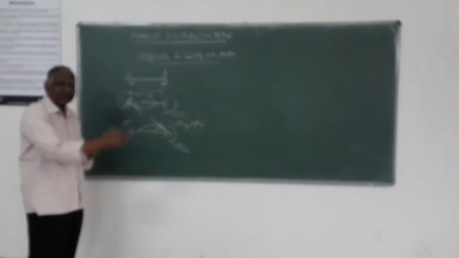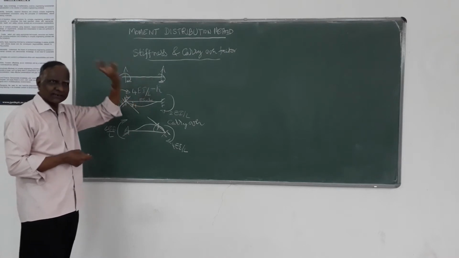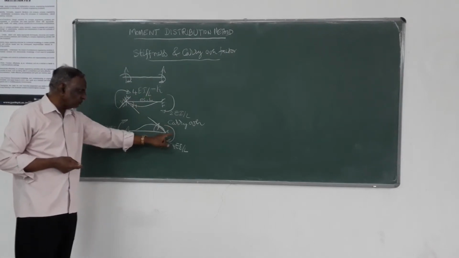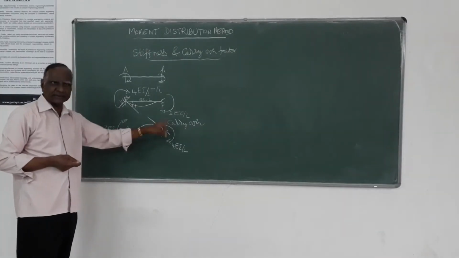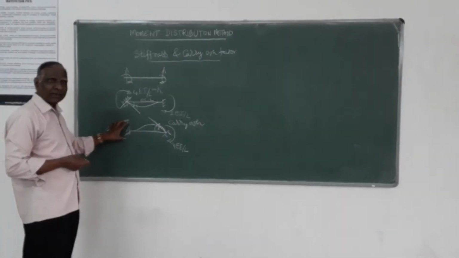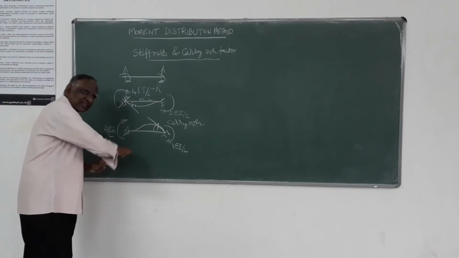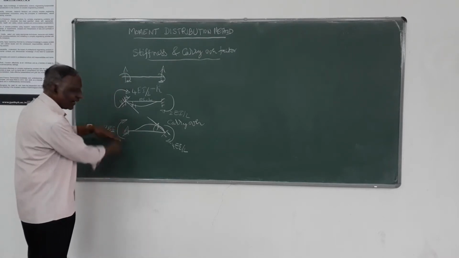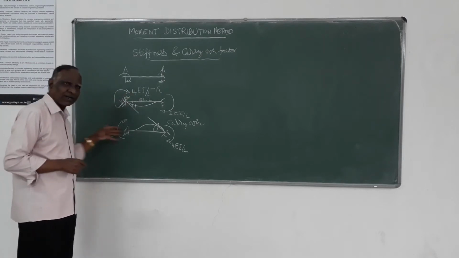Similarly, when a displacement theta B is given at the other end, the force developed at this end will be 2EI by L into theta B. Similarly, if we take translation and add all these, we get the slope deflection equation, the moment developed at that end.